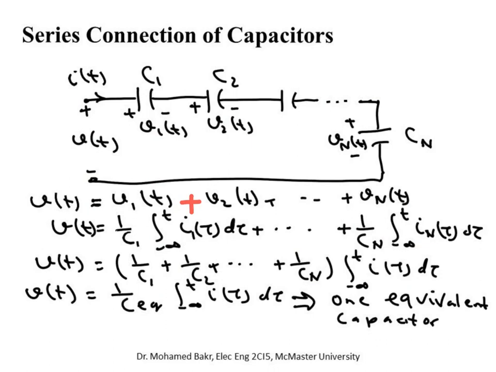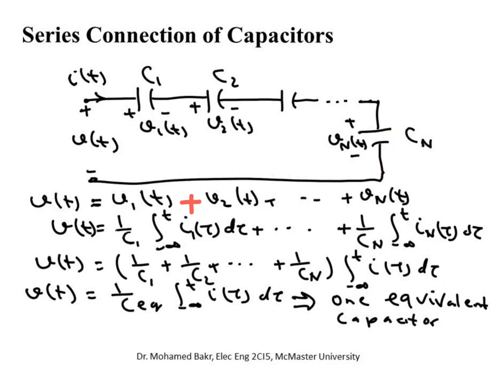The equation governing a capacitor is that the voltage is 1 over the capacitance multiplying the integral of the current. So I'm going to replace all this bracket here by something called 1 over C equivalent. And this will be multiplied by the same integral of the current. So what happens here, I was able to replace all these capacitances in series by a single capacitance.